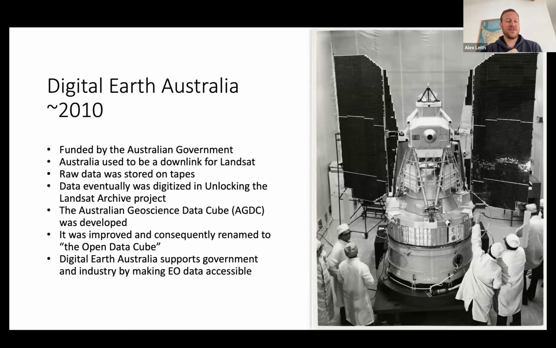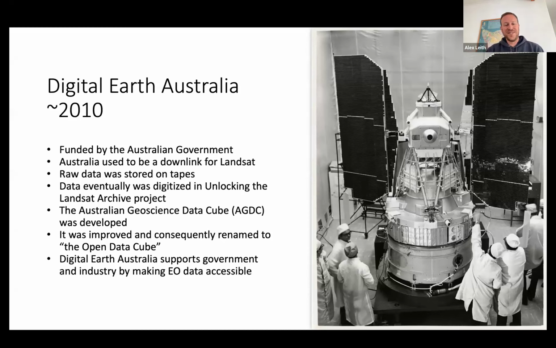There was a project in Australia called Unlocking the Landsat Archive, which involved getting those tapes that were off in a vault, putting them onto spinning discs, sending a copy to the USGS, but then building software tools to help work with that data to lift it up into the hands of the scientists so they could derive information products from it.